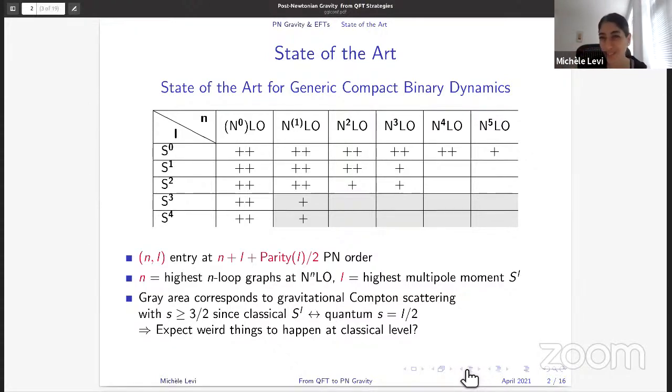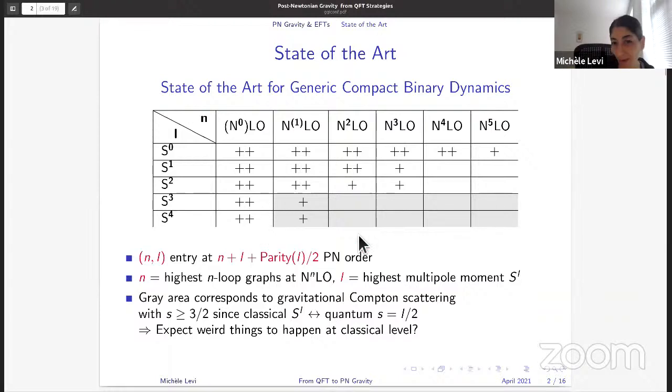In the quantum context, it will be just the number of multiples of halves of spin. In the classical context, it means the highest multipole moment that will be included in the sector. These two parameters taken together will fix how difficult it is to tackle the sector. Each sector in the PN context will contribute at an order of n plus L plus the parity of L over 2. So it's the sum of the two which constitutes the overall difficulty.